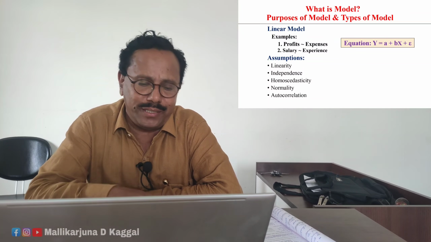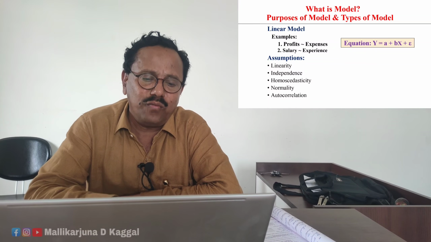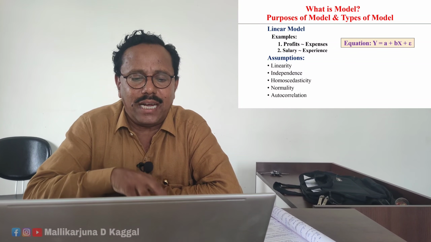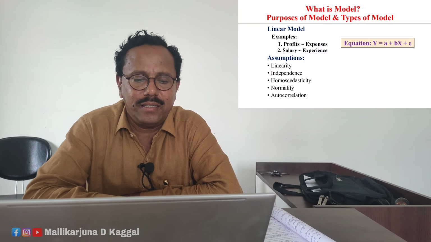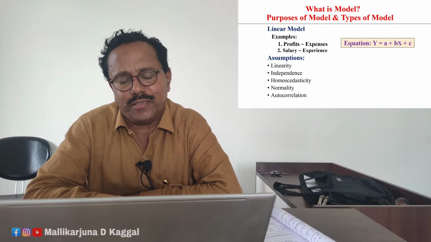To accept the null hypothesis, your p-value should be more than the 5% level of significance. We are testing the hypothesis at 5% level of significance. It is nothing but a 95% confidence level.